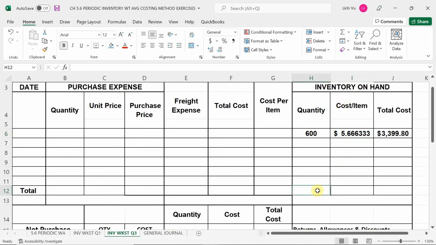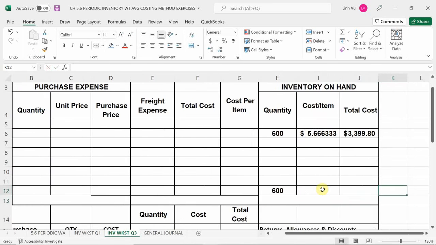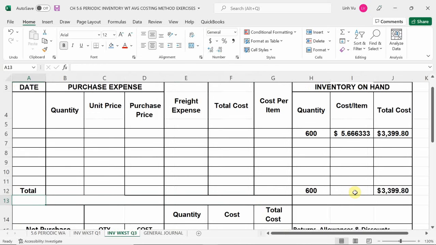Now, I'm also going to carry this number down here at the bottom because this is just my total beginning balance. Okay, so let's see what has happened next.